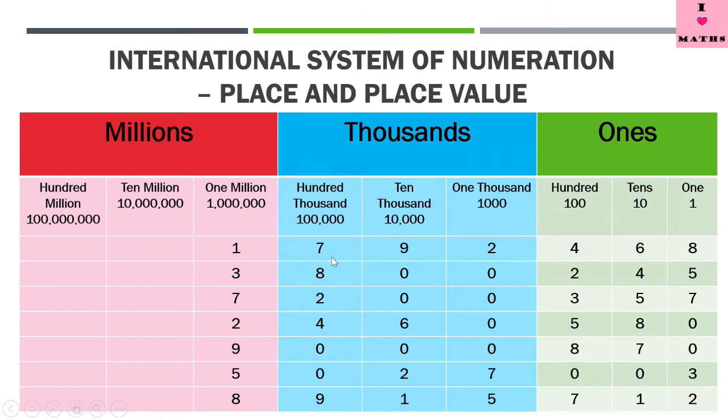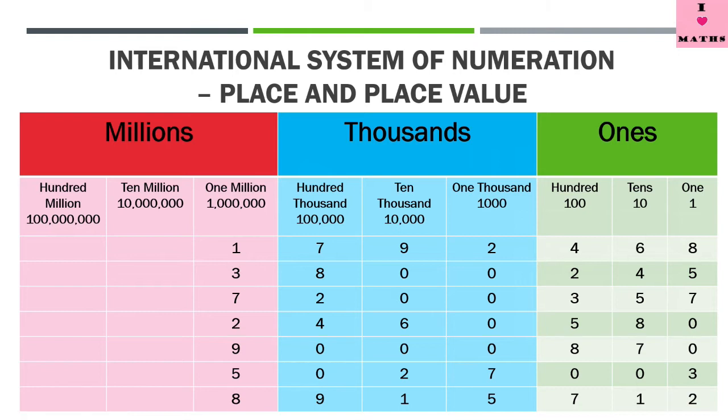So when I say 792,000, actually this 1,000 which is there in all the places, I am using it at the back for 792. So once again I am going to read this number: 1,792,468.